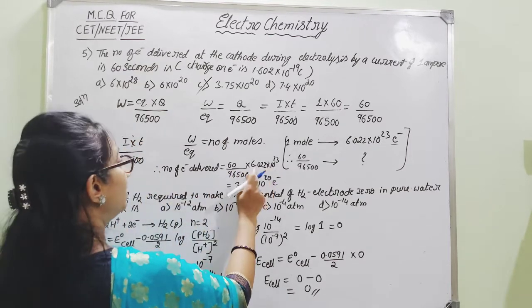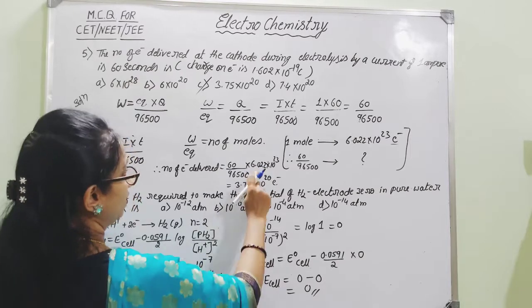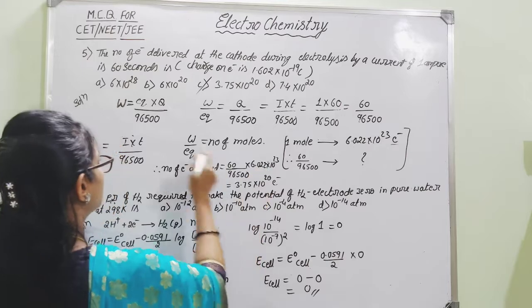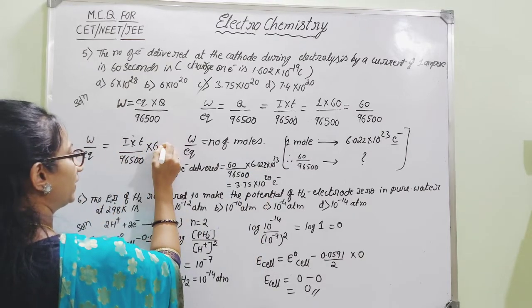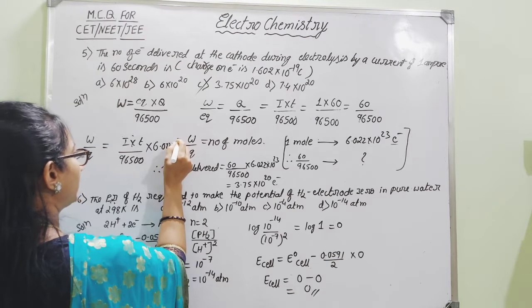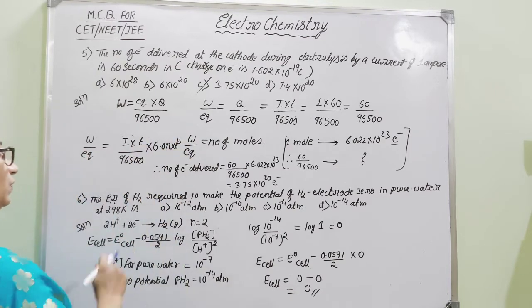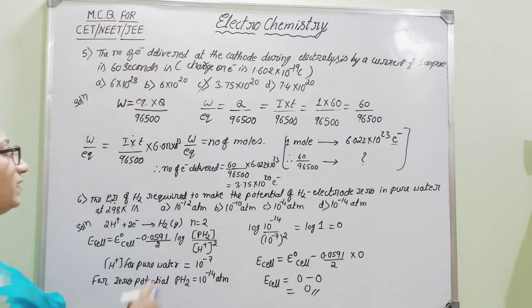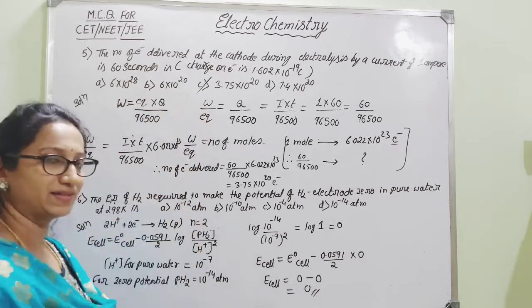But here one change has occurred: you have to multiply directly with Avogadro number 6.022 into 10 power 23. If you apply the formula, you can easily get the number of electrons obtained. Got it? So option C will be the right answer.